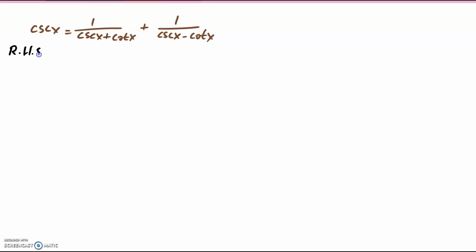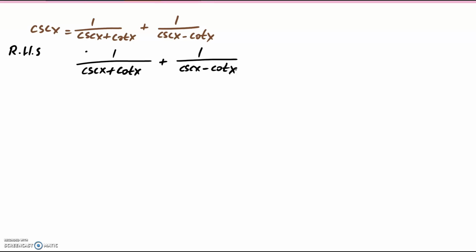The right hand side, I will rewrite: it's 1 over cosecant x plus cot x plus 1 over cosecant x minus cot x. This is what we have. Now what do you see? We have two fractions, and whenever we have fractions we try to make the same denominator.